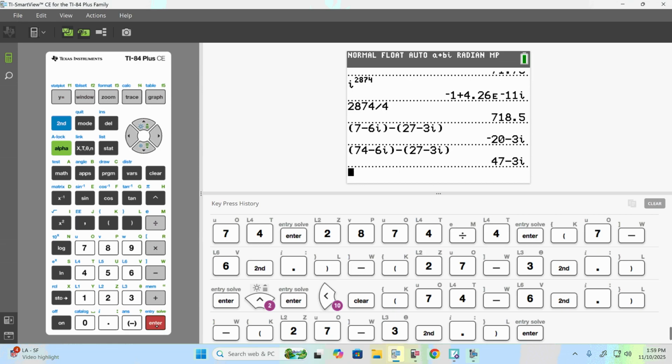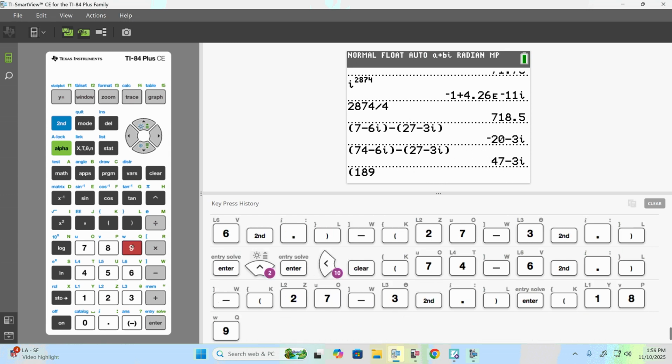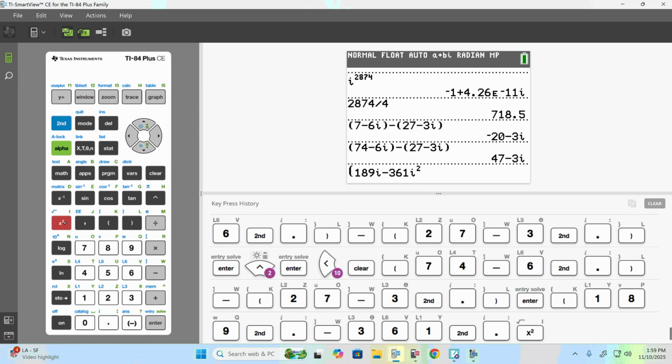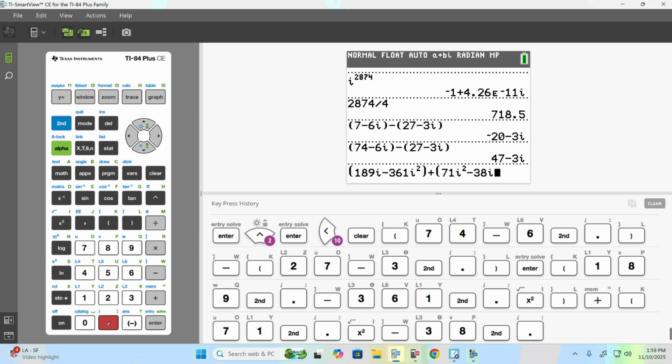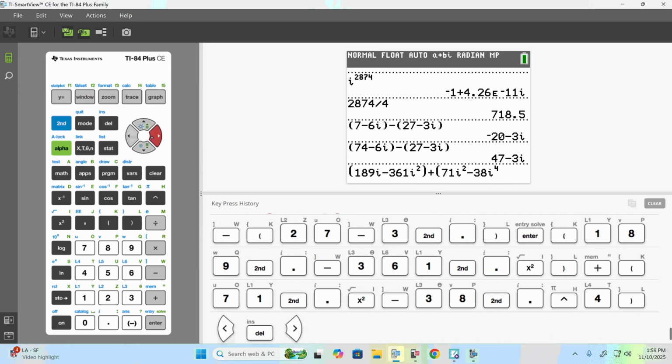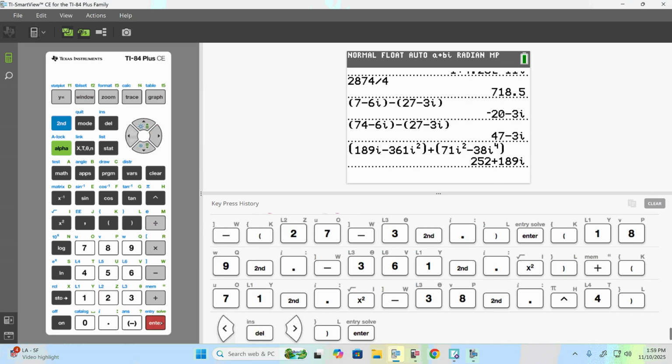Even if we looked at E, 189, decimal for i, minus 361 i squared, plus 71 i squared minus 38 i to the fourth, it'll still do it.